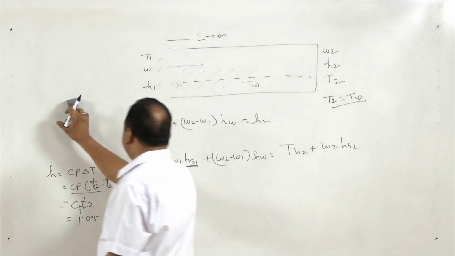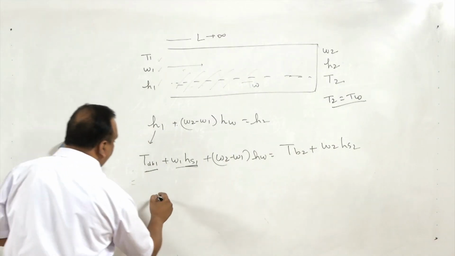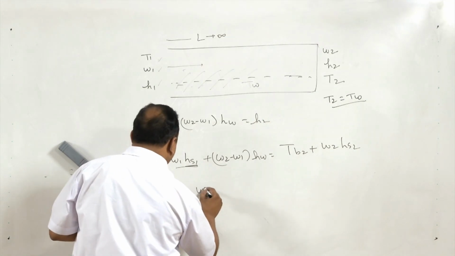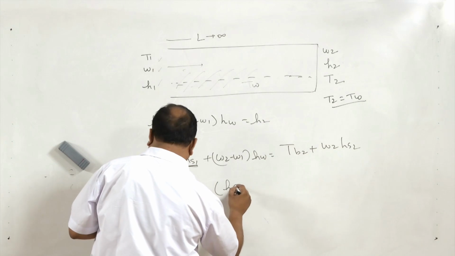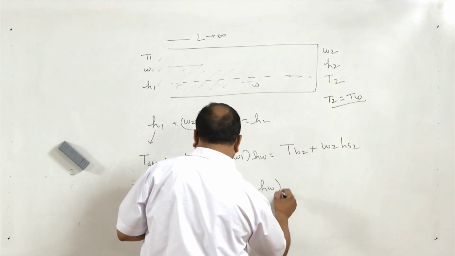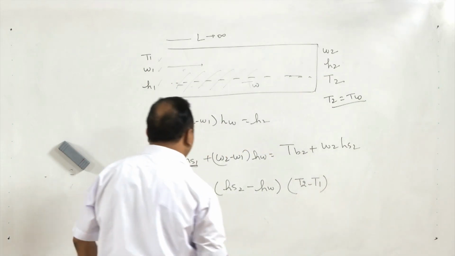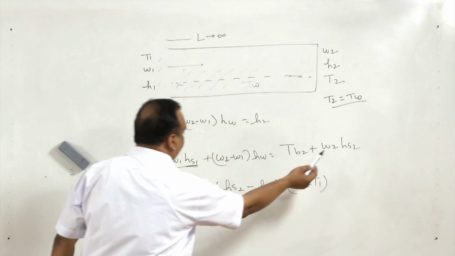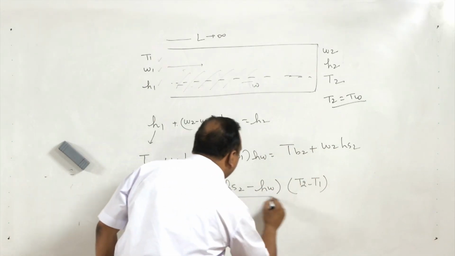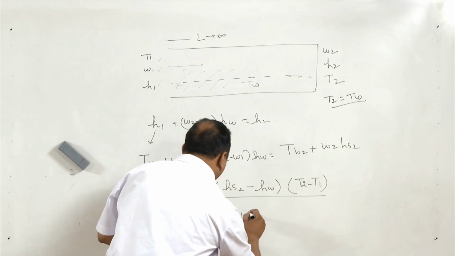Now, this is the expression. If we derive the final expression out of it, W1 is equal to W2 HS2 minus HW, T2 minus T1, divided by HS1 minus HW.